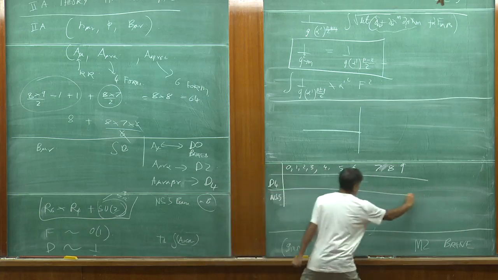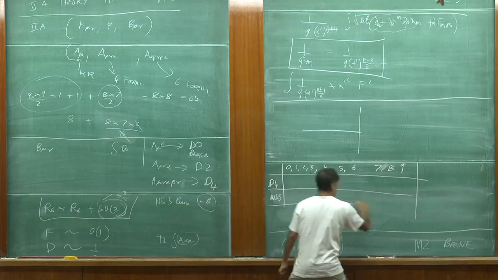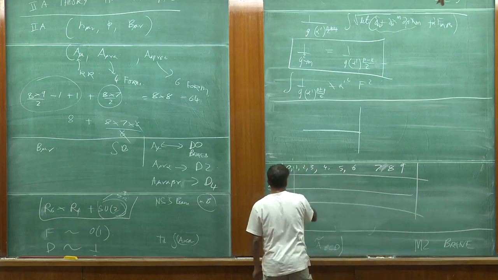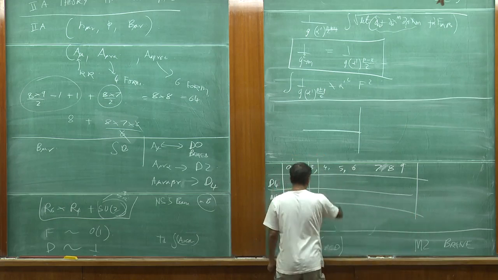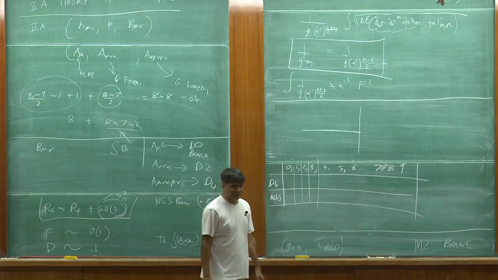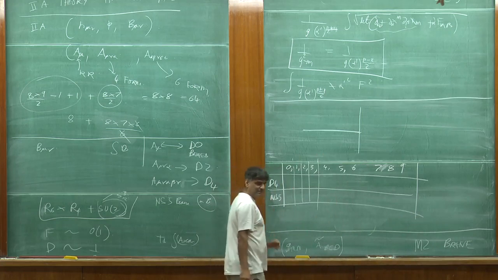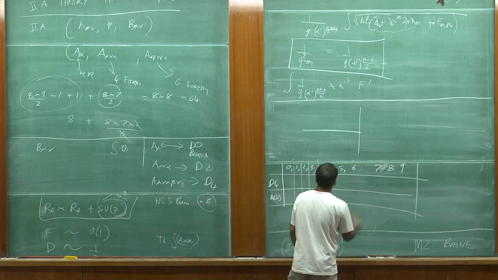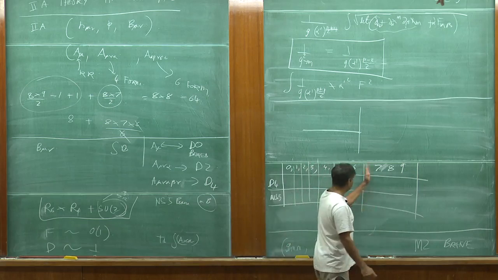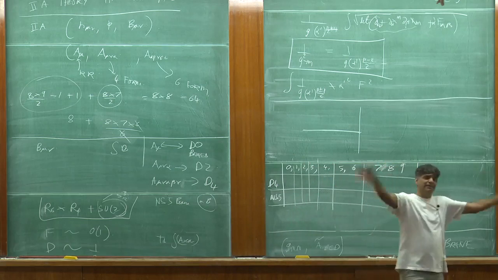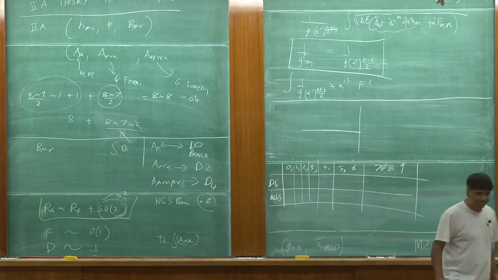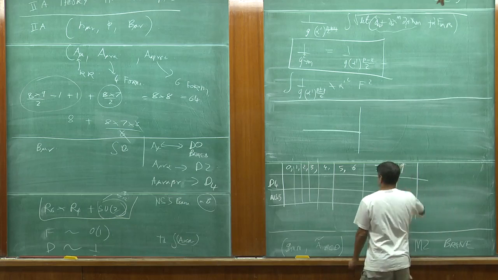Now in this table, wherever I put a cross, those directions are in the world volume of that corresponding object. And when I don't put a cross, they're not there. So 7, 8, 9 are transverse to everything up there. So no crosses here.